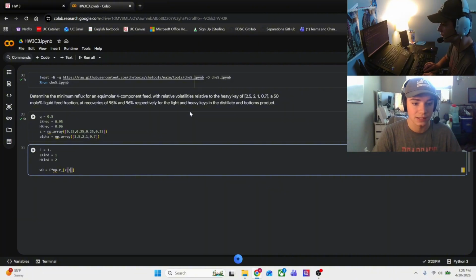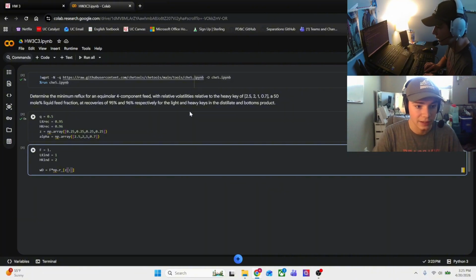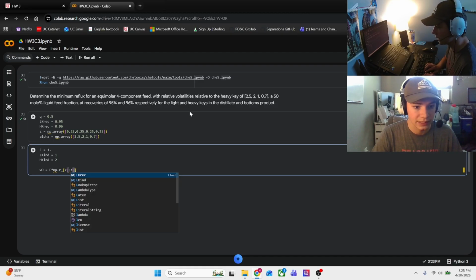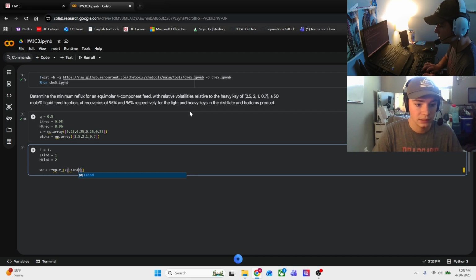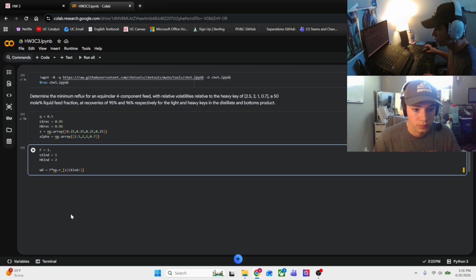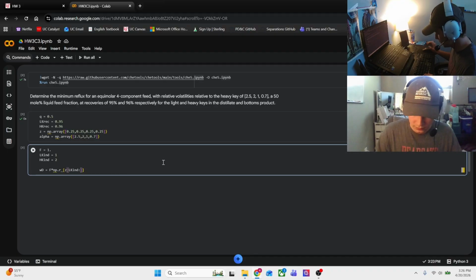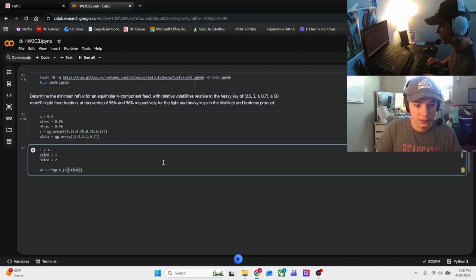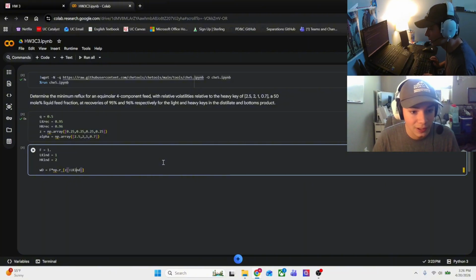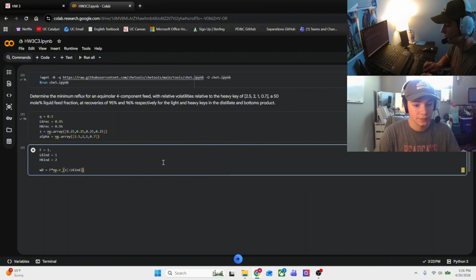So we can say z at our light key index. Need to move that comma because it's everything above our light key index for that first value.